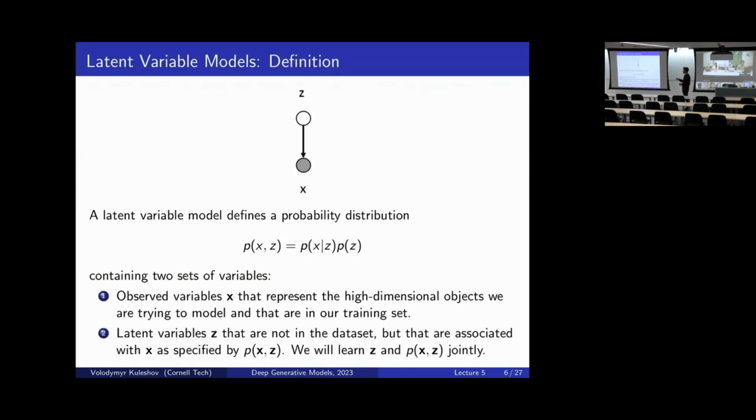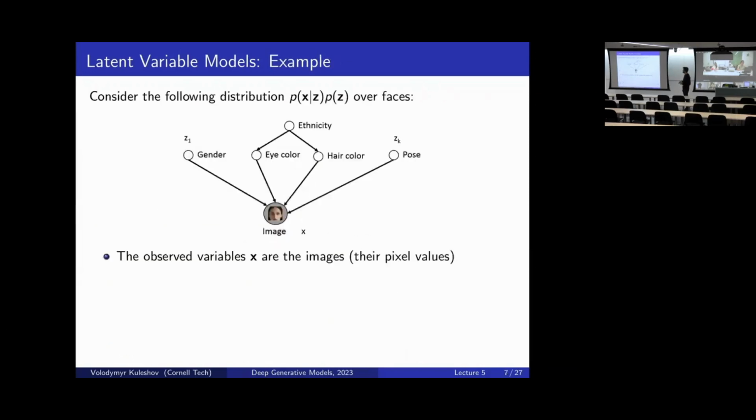The idea is that we want to learn a joint distribution over x and z. So what could be an example of a distribution over x and z? This is a toy example, not the complete definition of a distribution, but in this data set of images, you can think of there being some interesting characteristics about the data, such as the gender of the person, their hair color, the pose, the way they're looking at the camera, their ethnicity.